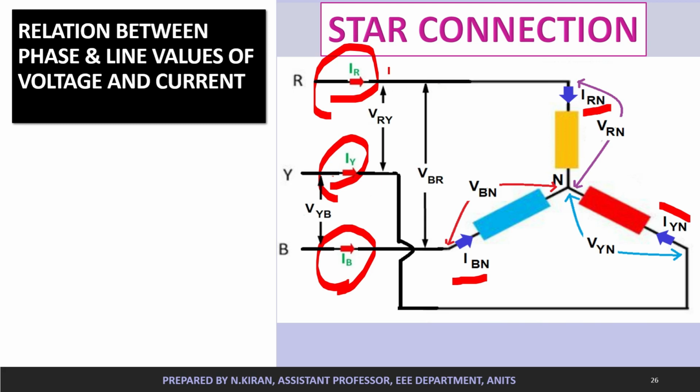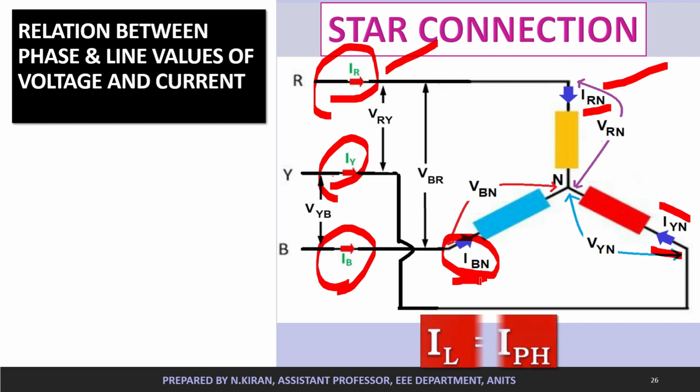You can clearly see that IR is equal to IRN, both are in series. Similarly, IY is the same as IYN, since both are in series again, and IB is the same as IBN. So from this analysis I can conclude that in star connection, line current is equal to phase current.